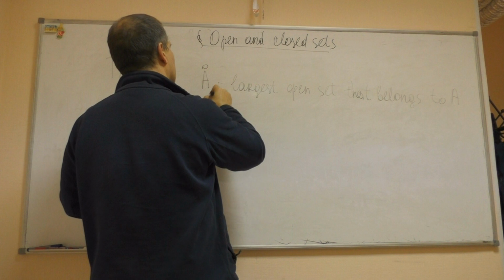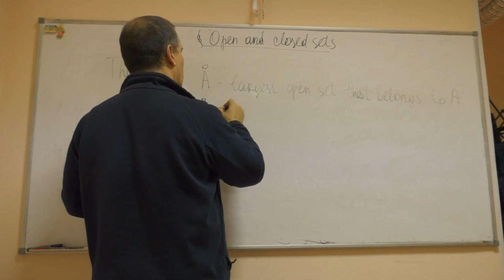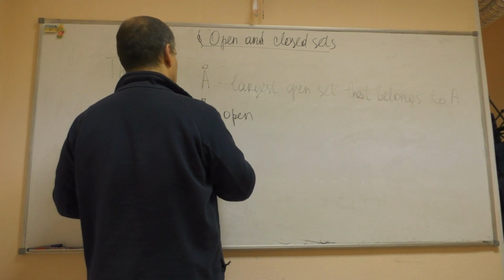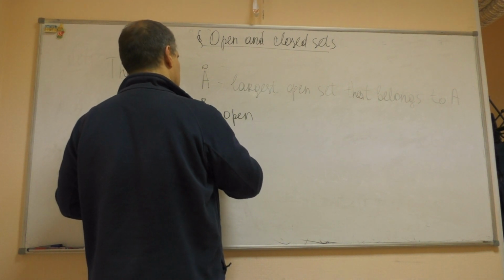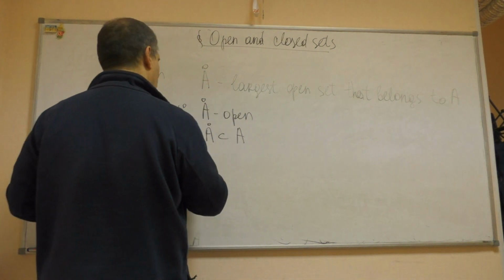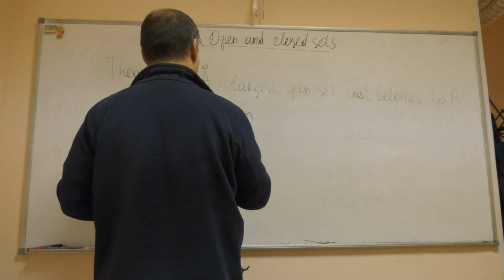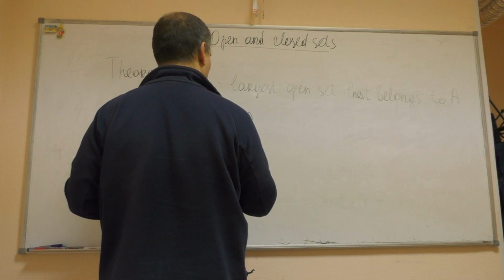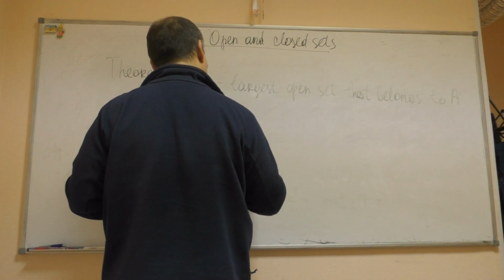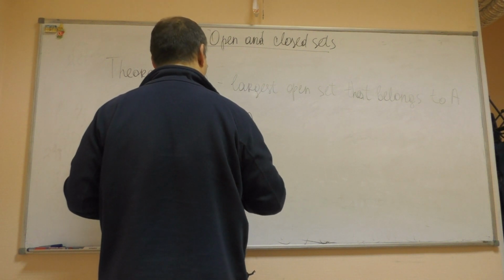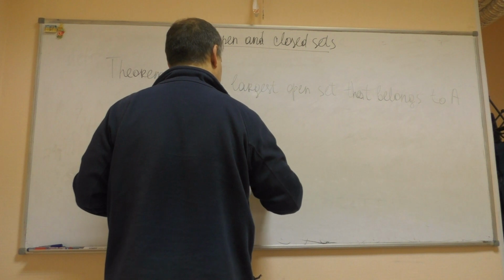First, interior is open. Second, it belongs to A. And third, let O be an open set, O belongs to A and O is open.